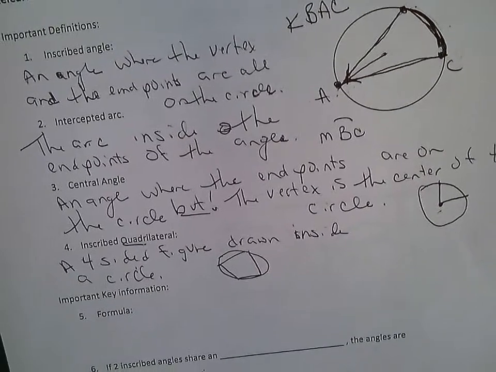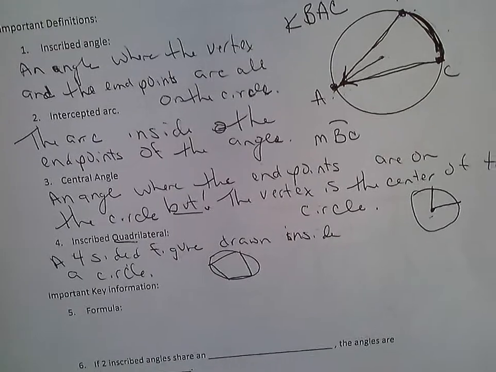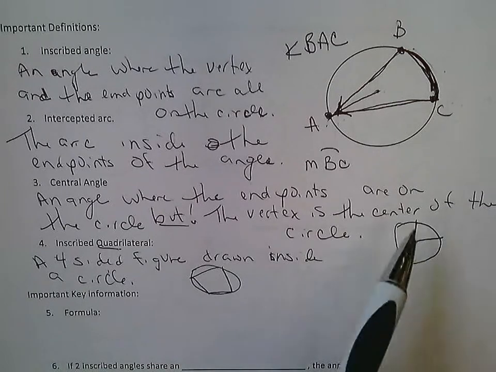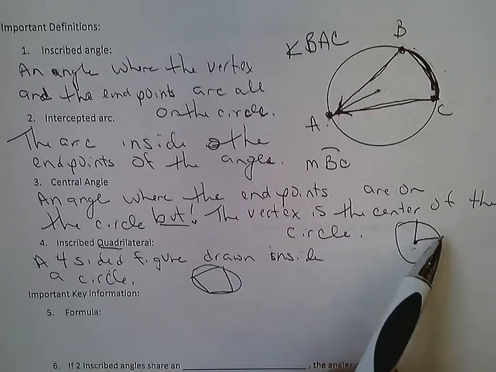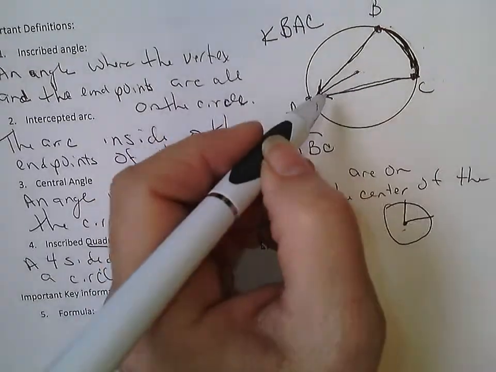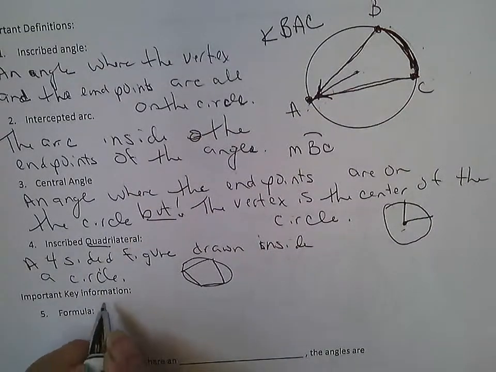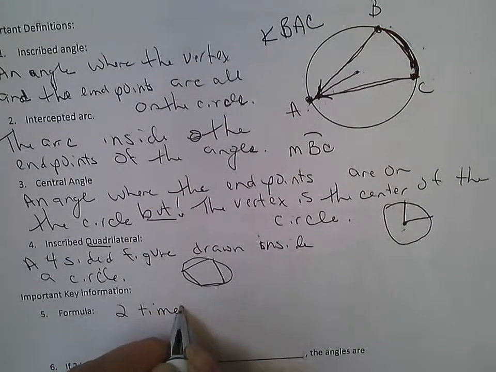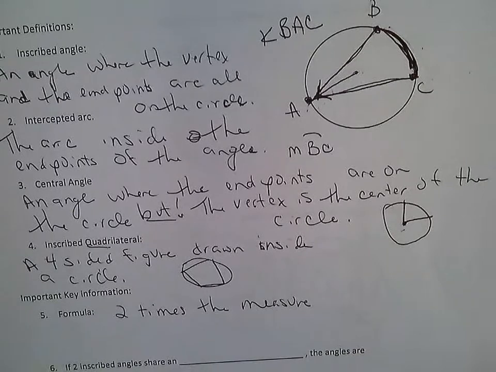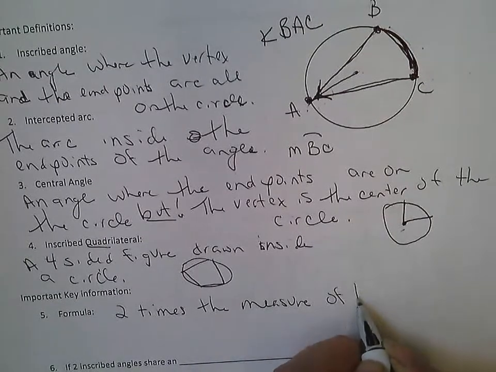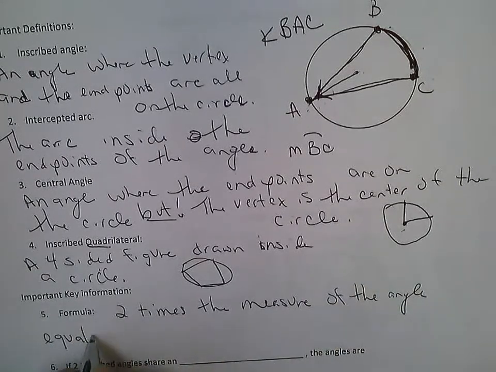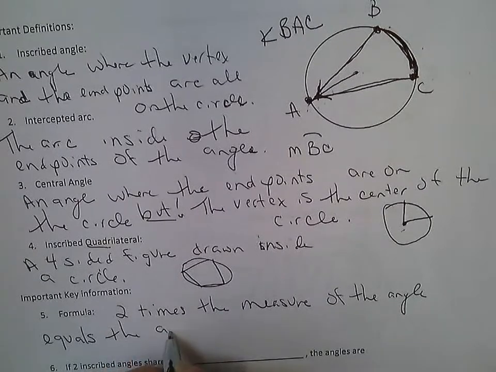Just like the central angle, if you can remember from the standard that we covered directly before this, the central angle measure is equal to the arc measure. Well, this time it's different. The measure, recall, means that we need degrees. 2 times the measure of the angle equals the arc measure.